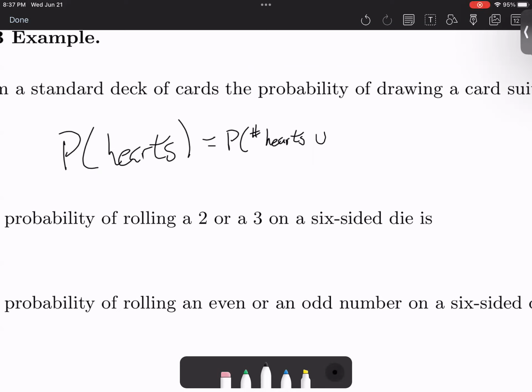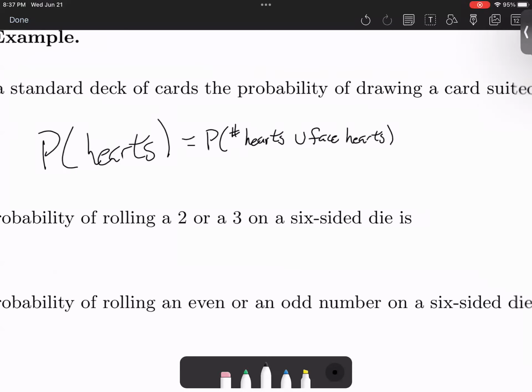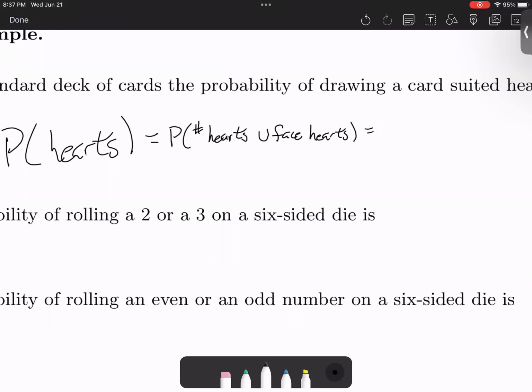So it's either a numbered hearts card or a face hearts card, right? And there's no overlap there, right? There are no numbered and face cards. So this is probability of numbered red plus the probability of face red.